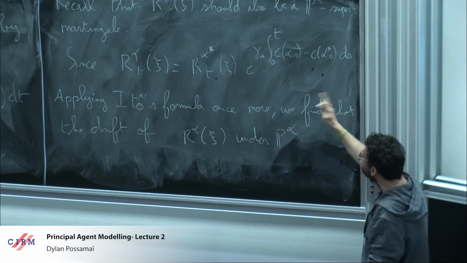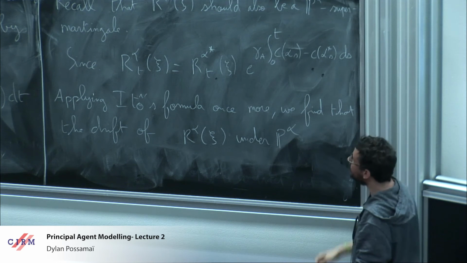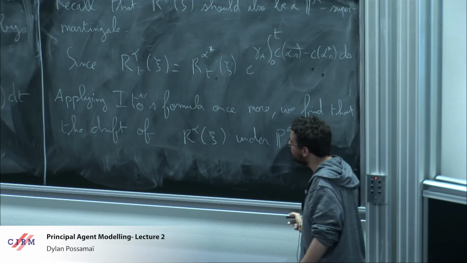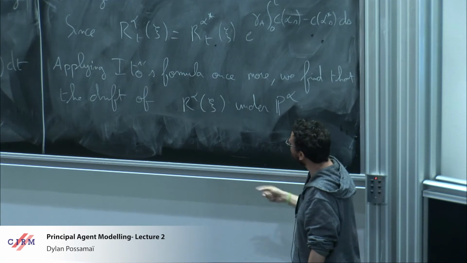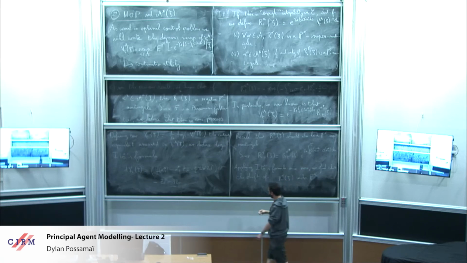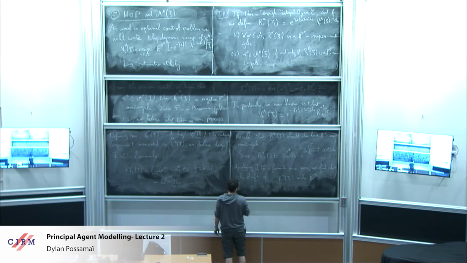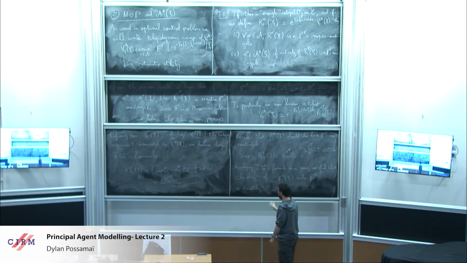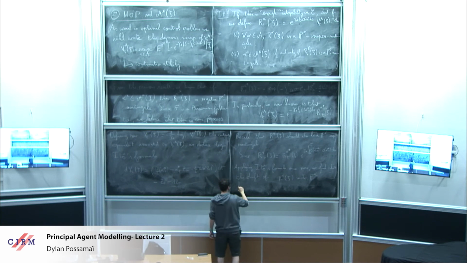Okay, again, you apply Ito, you change the Brownian motions the way they're supposed to change. You're going to get that the drift of this is, okay, it's not going to be exactly, but it's going to have the same sign.